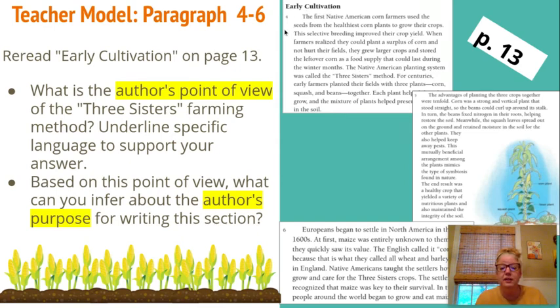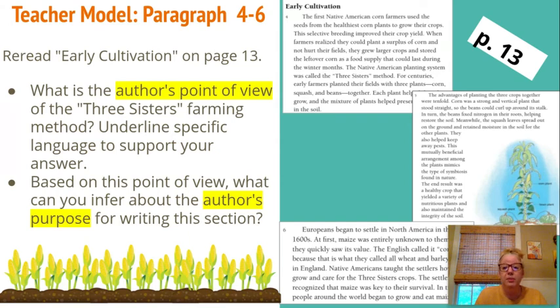Early cultivation. The first Native American corn farmers used the seeds from the healthiest corn plants to grow their crops. This selective breeding improved their crop yield. When farmers realized they could plant a surplus of corn and not hurt their fields, they grew larger crops and stored the leftover corn as a food supply that could last during the winter months.